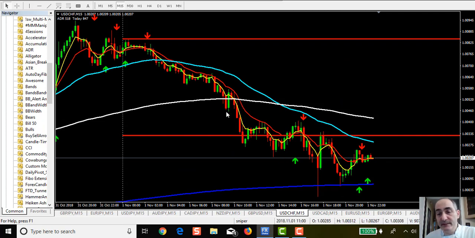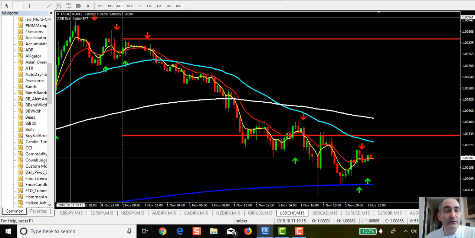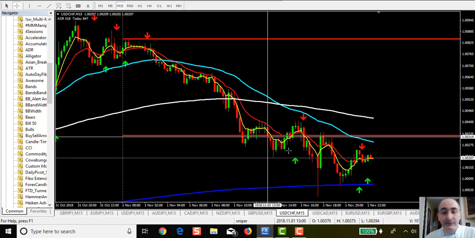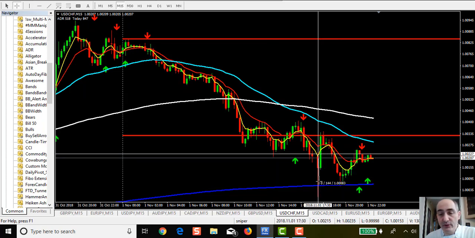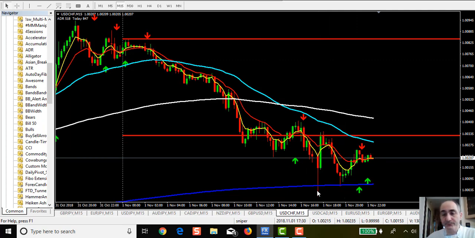Here you see it breaks down through the average daily range. This is almost an exhaustion candle here. Since the average daily range in USDCHF is only 51 pips, you would only need a candle of about 25 or 26 pips, and that's just a little bit short.